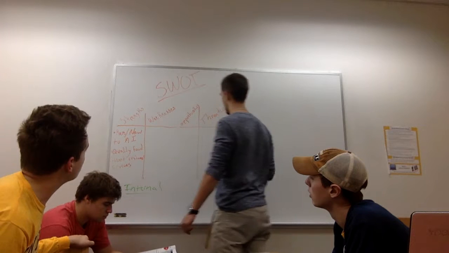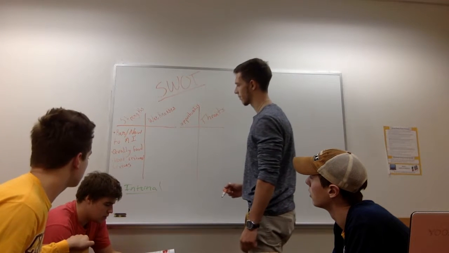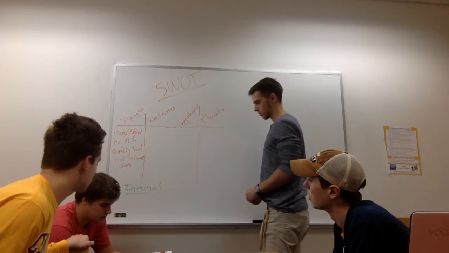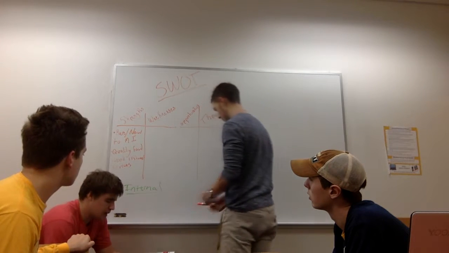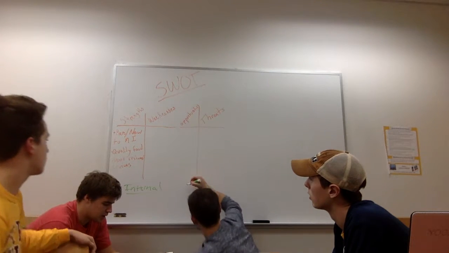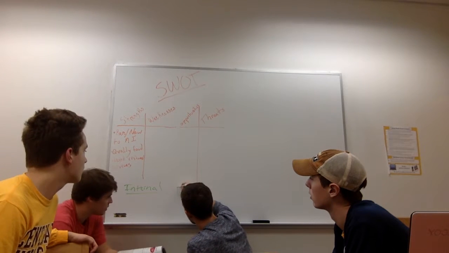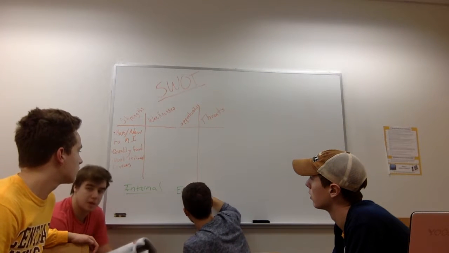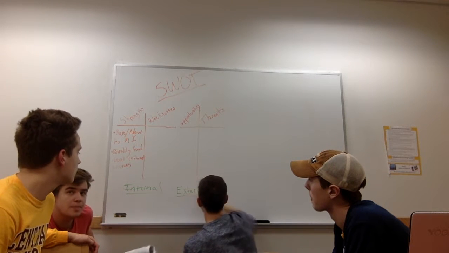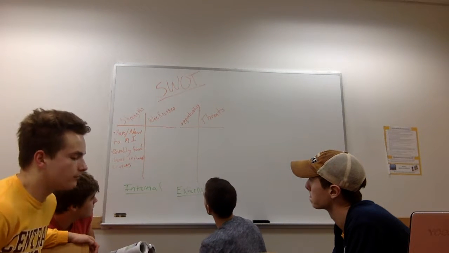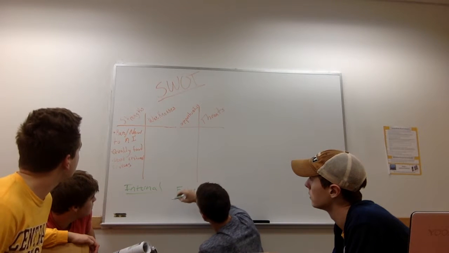So should we do maybe one more strength? Yeah. So examples of potential internal strengths are premium brand name, proven management team, lower costs, higher margins, and a diverse workplace. That's the book example. So, could we relate that to anything that Chick-fil-A has? We already have some of those.